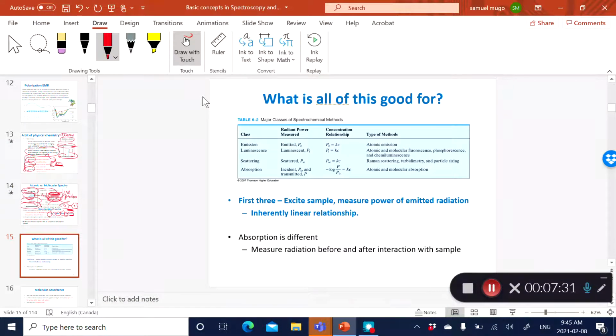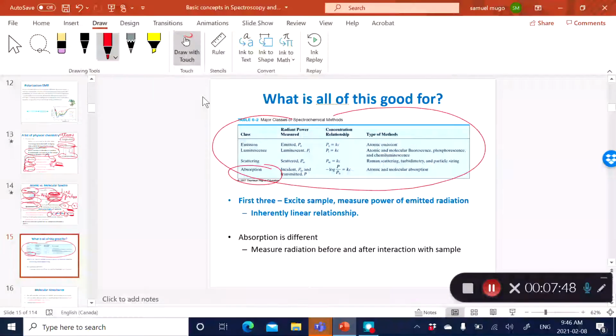So what is this all good for? What I'm trying to explain here is the basis of possibly three to four different types of spectroscopic techniques. I've already mentioned absorption spectroscopy. But also, when there is absorption, there is excitation, and what results after is emission of light, like I've tried to explain.